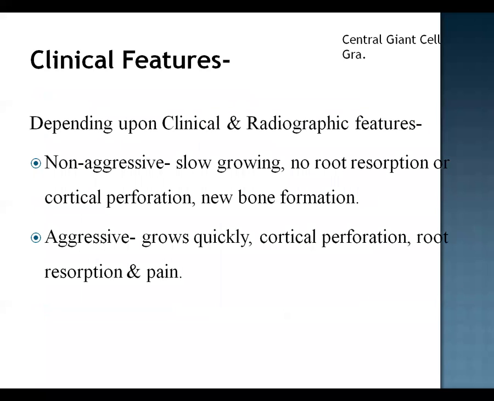Non-aggressive ones are slow growing, with no root resorption or cortical perforation, and new bone formation. The aggressive ones grow quickly, with cortical perforation, root resorption, and pain can be seen as a clinical feature.